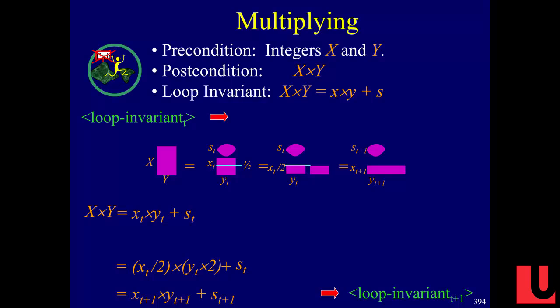Before, we said x_{t+1} is x_t divided by 2, and we worked out what we needed to do. But now the new value of x is going to be the old value minus 1, divided by 2, only if it's odd. If it's even, we do what we did before.